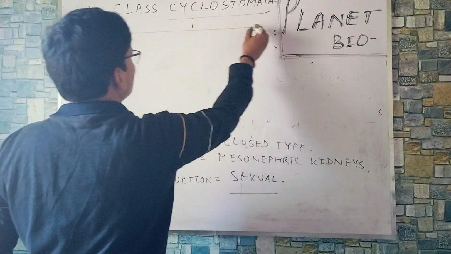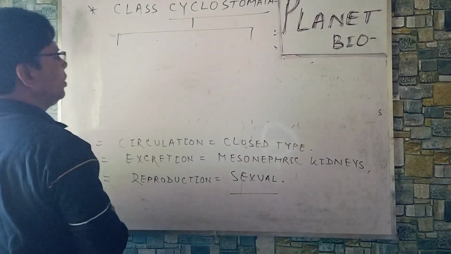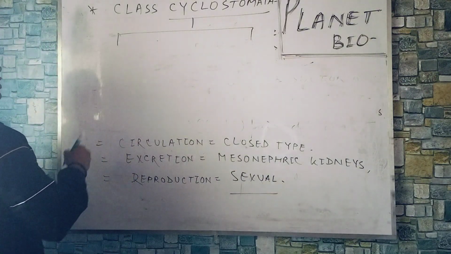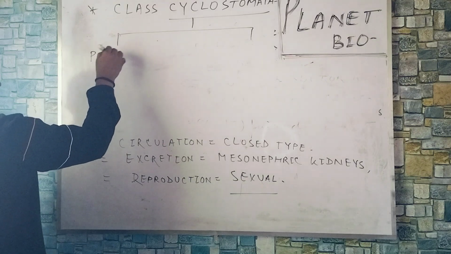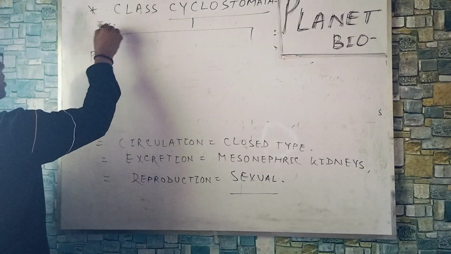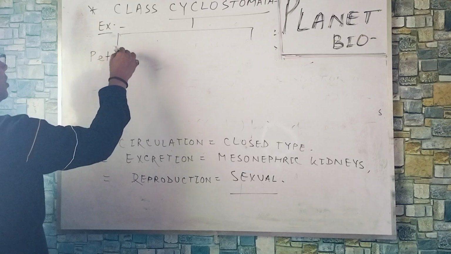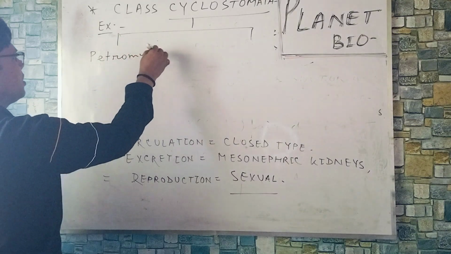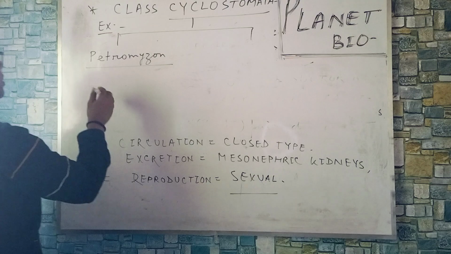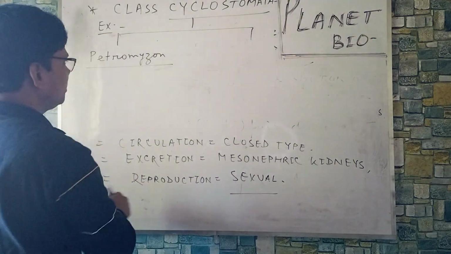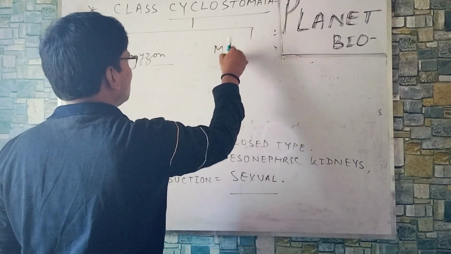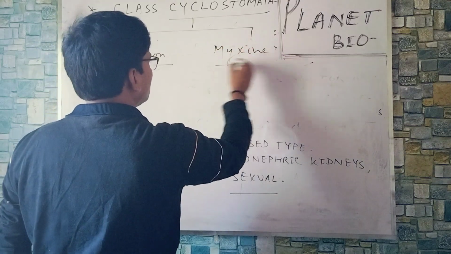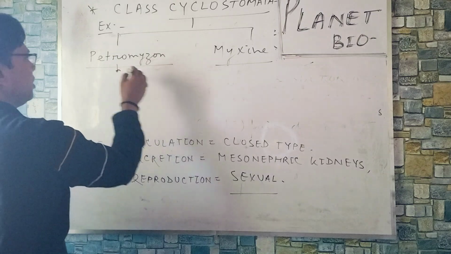Cyclostomata includes two specific names. The first one is petromyzon, and another one is myxine.